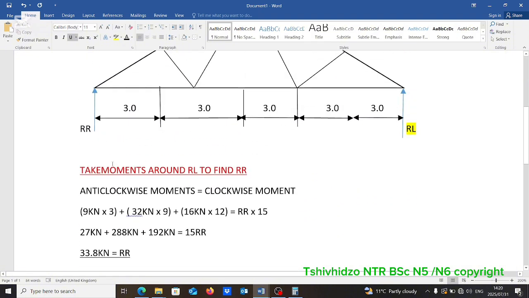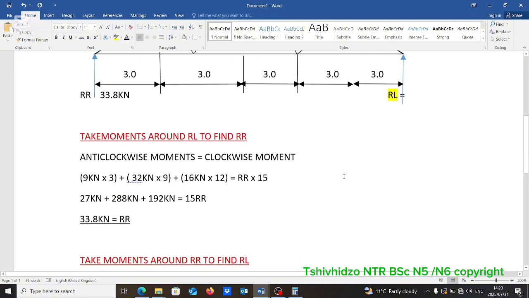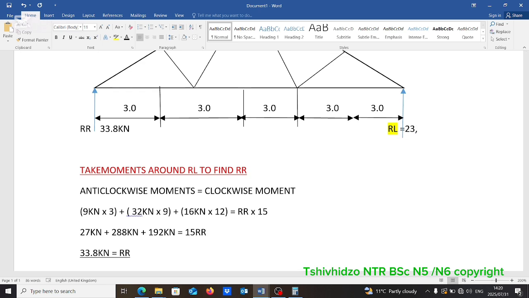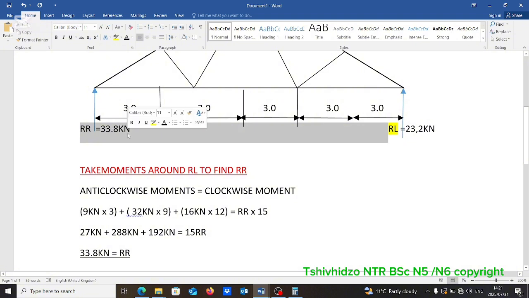It means RR is 33.8 kilonewton, and RL equals 23.2 kilonewton. So these are our answers.